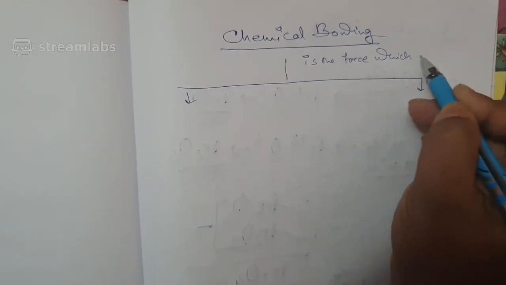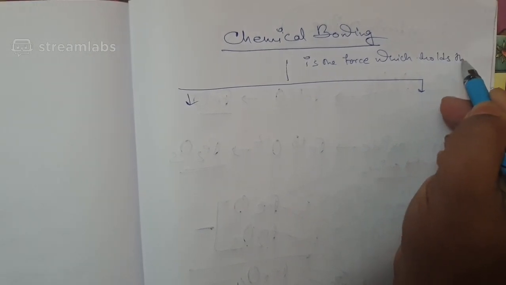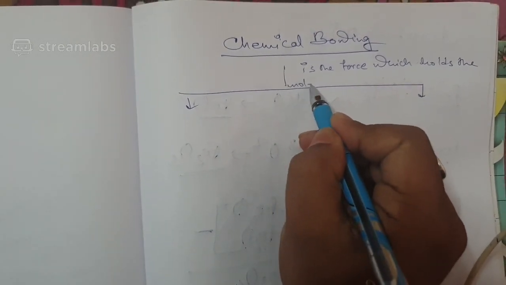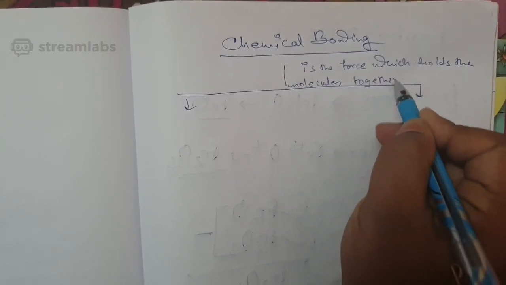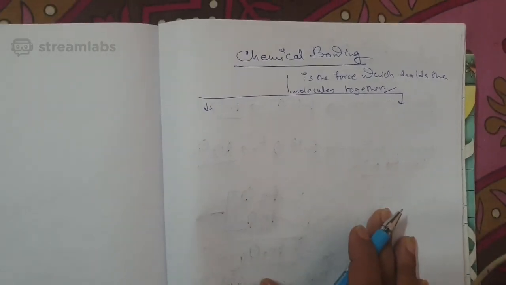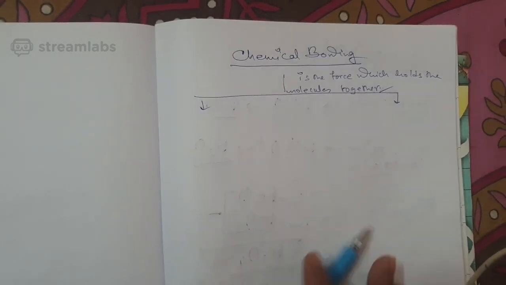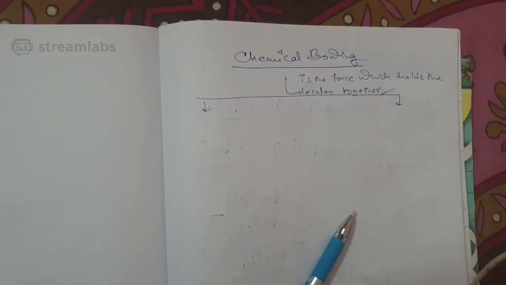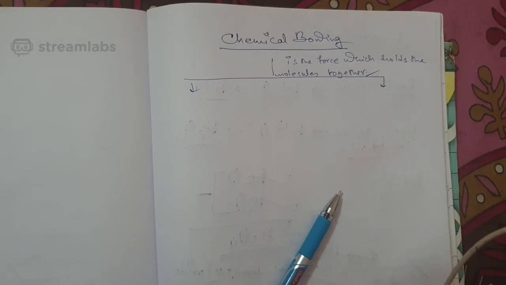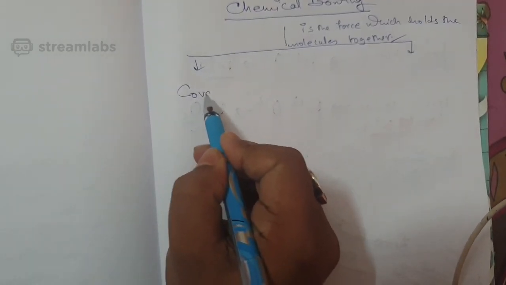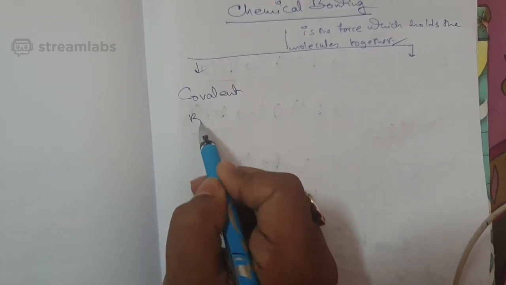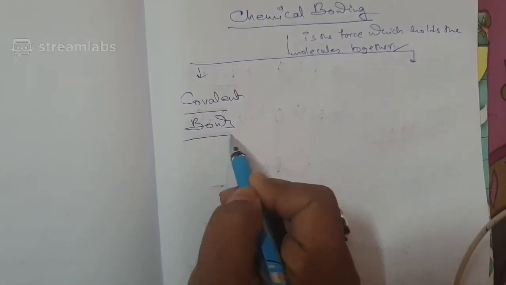which holds the molecules together. Chemical bonding is the force which holds the molecules together. So I hope that you understand that there are covalent bonds, and these are types of chemical bonds.